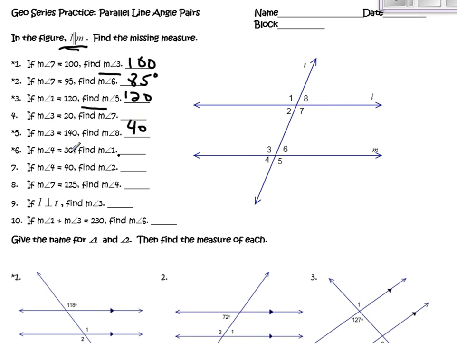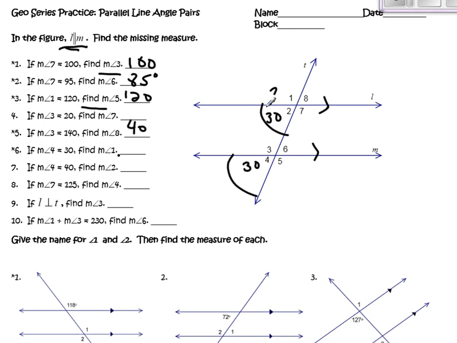Number 6 says that if the measure of angle 4 is 30, find the measure of angle 1. What kind of angle relationship do 4 and 1 hold? Well, they don't hold any. So we have to once again figure out how to get there. I notice once again that angle 4 and angle 2 are corresponding. And when parallel lines form corresponding angles, then corresponding angles are congruent.